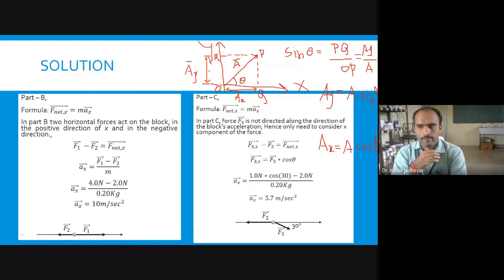So here I have just explained what a vector is and how one can find its components. Now in this specific case, if you look at the given F3, F3 is a force, and the angle between F3 and the x-axis is 30 degrees.